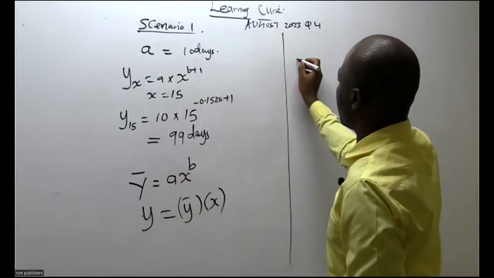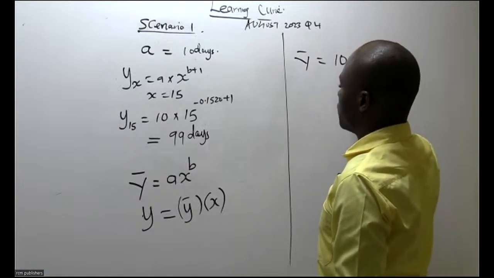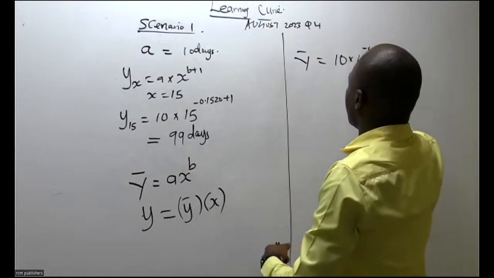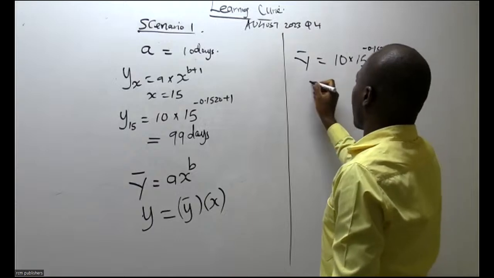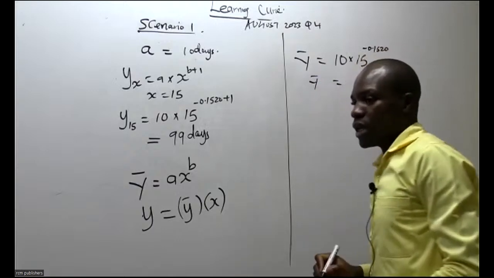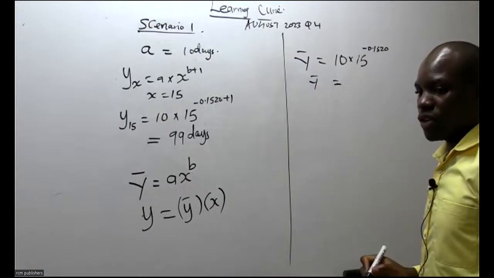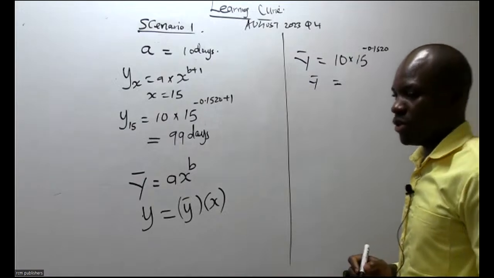Let's get the average first. The average will be A, which is 10 times X, which is 15, raised power negative 0.152. How much do you get for that average? Time is not on our side.